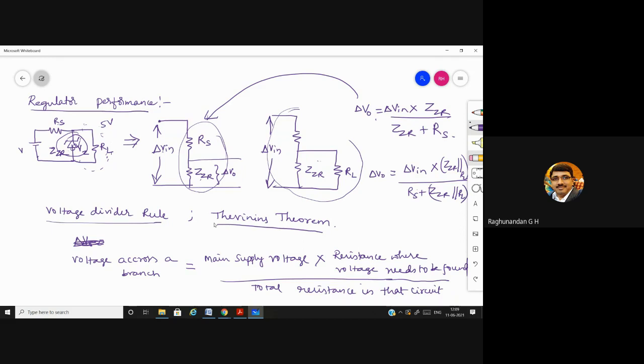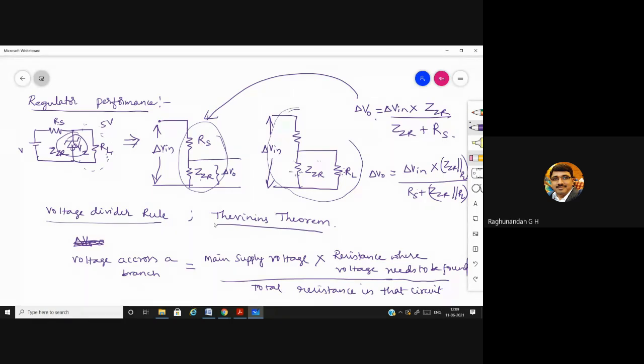That's it. Here, whatever voltage you have across this will be the same as the voltage across this, because parallel branches will have the same voltage. That is the concept we have used here.